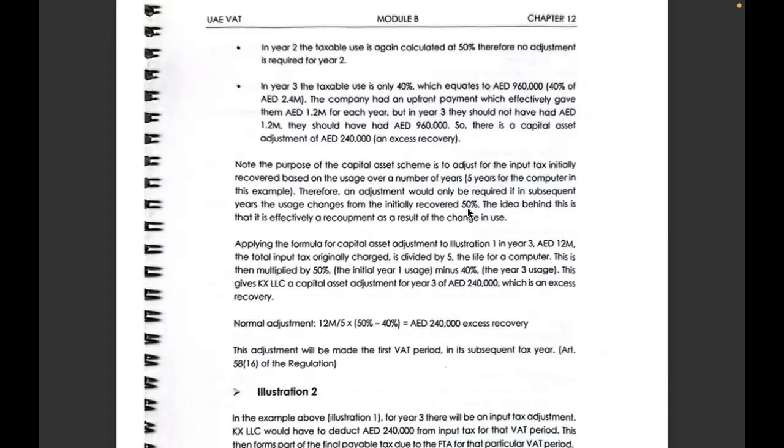So every year, if the usage changes, then to the extent of that change, capital asset related input VAT will need to be adjusted. The recovery we already did in the first year. In the next years, we only pass an adjustment. The idea behind this is that it is effectively a recoupment as a result of the change in use.